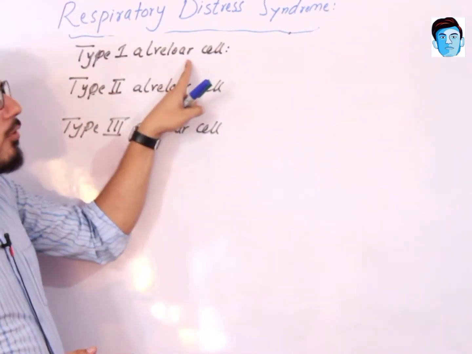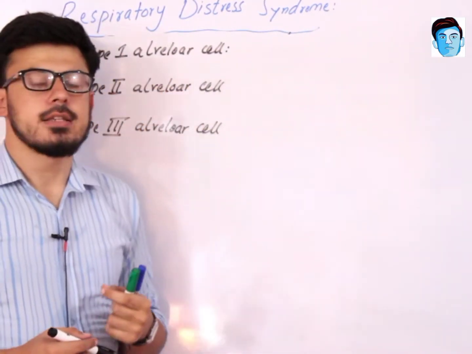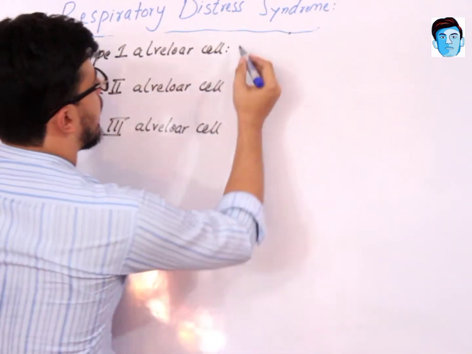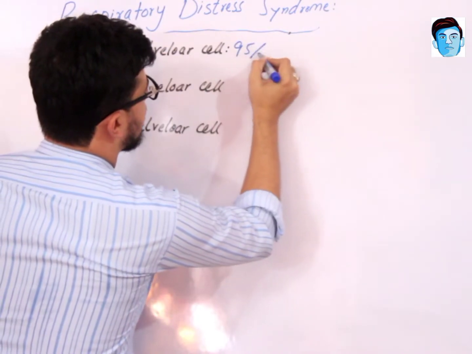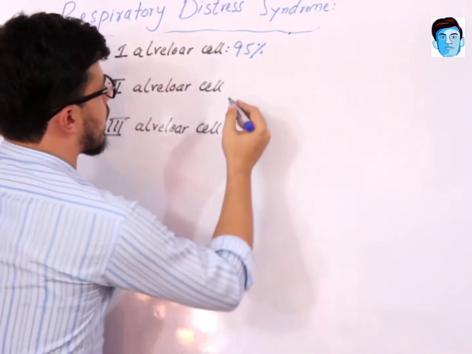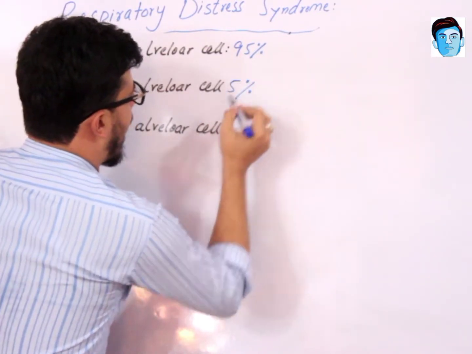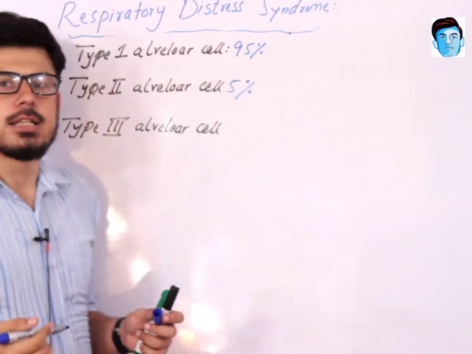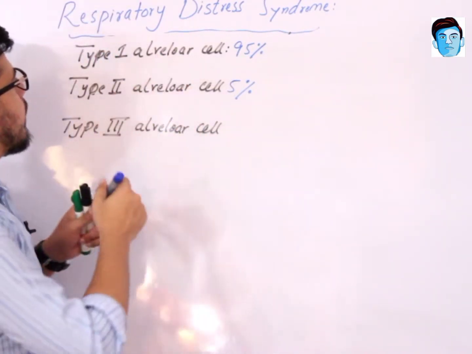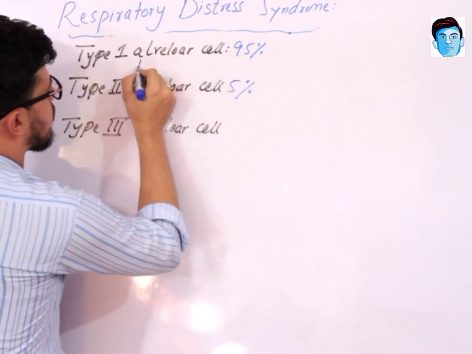Type 1 alveolar cells, also known as type 1 pneumocytes, predominantly constitute 95%, while type 2 alveolar cells, the type 2 pneumocytes, contribute 5%, and the type 3 alveolar cells are also known as type 3 pneumocytes. So the other name for alveolar cells is pneumocytes.